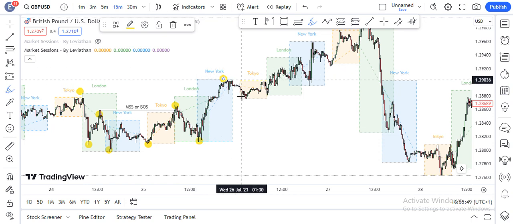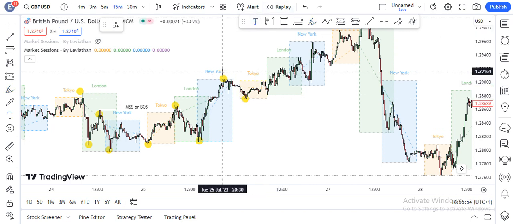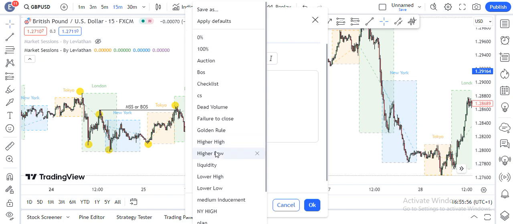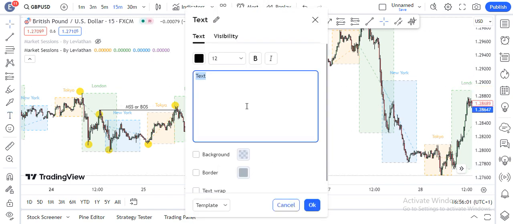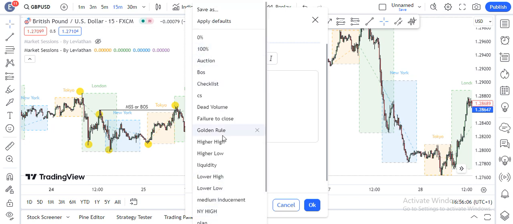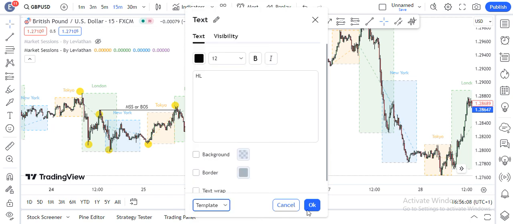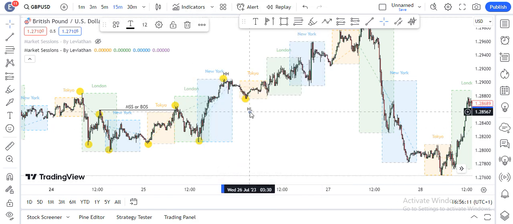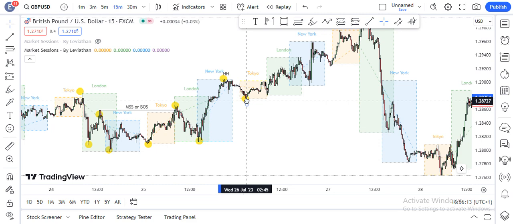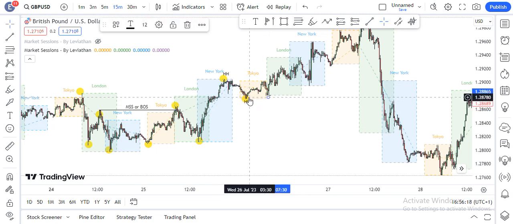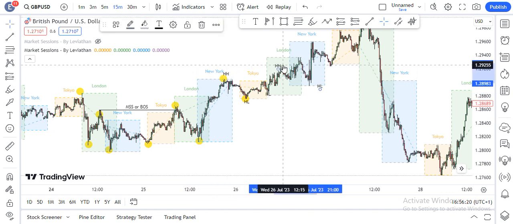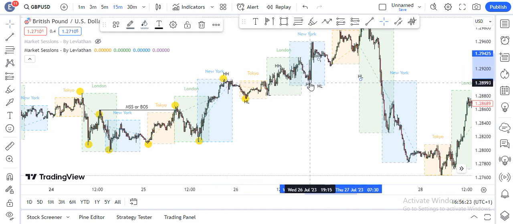Let me just be writing these terminologies along. So as we can see here, now we have a higher low, we have a higher high, we have a higher low.